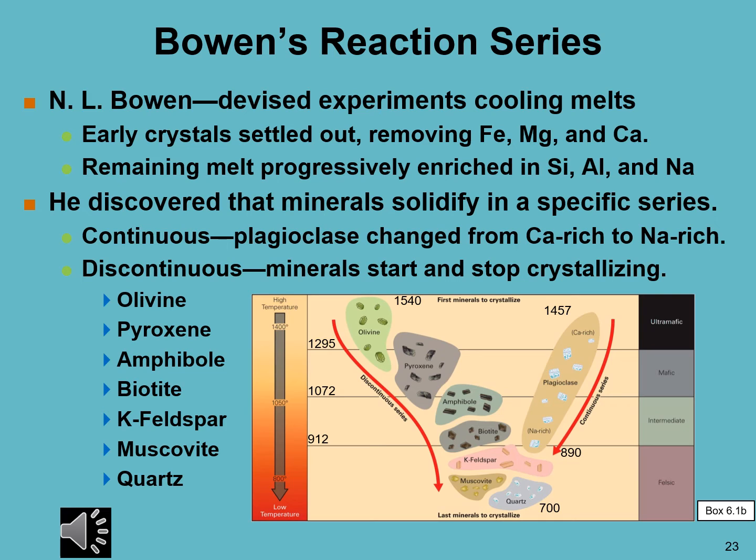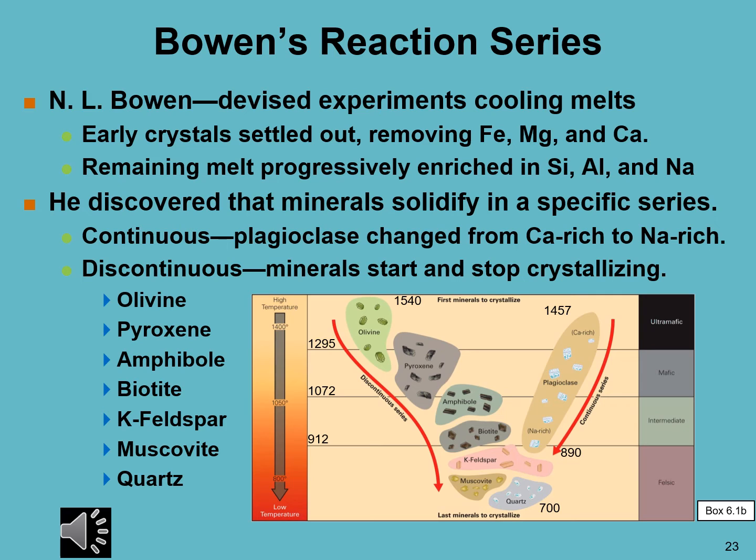He discovered that minerals solidify in two specific series, a continuous series and a discontinuous series. In the continuous series, calcium-rich plagioclase feldspar begins to solidify around 1,457 degrees centigrade, and sodium-rich feldspar ends its continuous series at around 890 degrees centigrade.